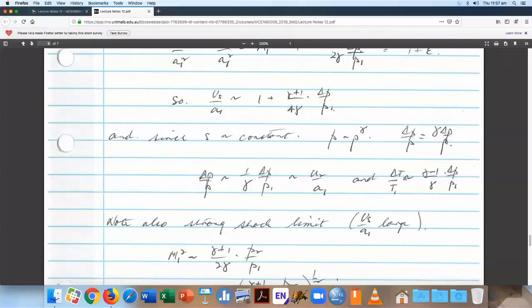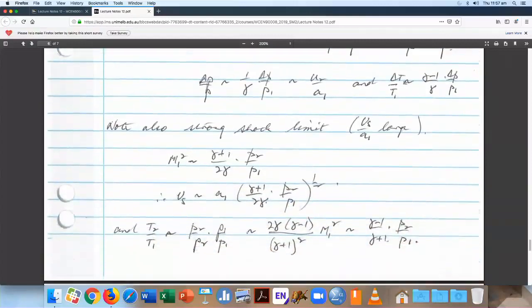And you can also take the very strong shock limit, which we've worked out before, where M1 squared will be gamma plus 1 over 2 gamma, P2 over P1, so P2 is much greater than P1. Therefore US is equal to A1 into gamma plus 1 over 2 gamma, P2 over P1 to the half.